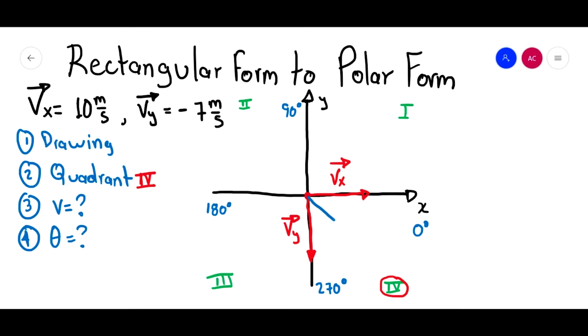So this is the vector over here. This is the velocity vector. And the angle that I need to find goes always from 0 degrees until that angle touches the vector. And this is the angle that I need to find.